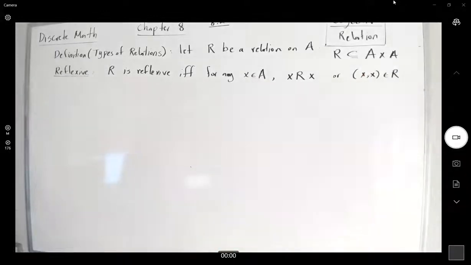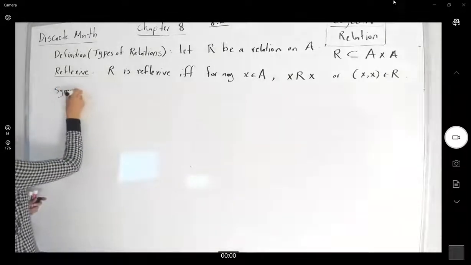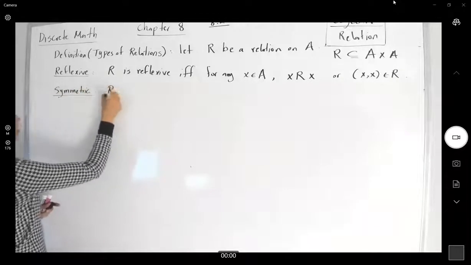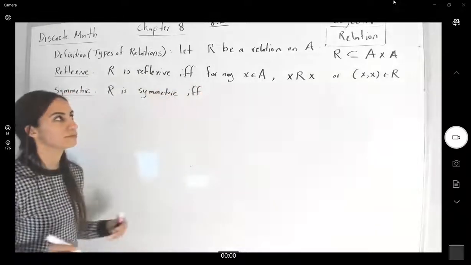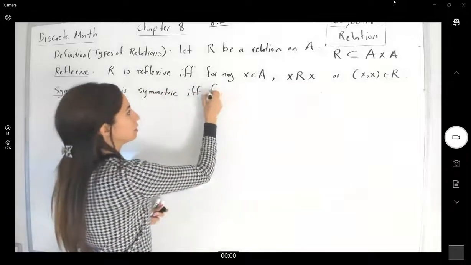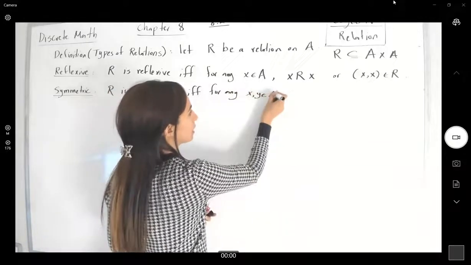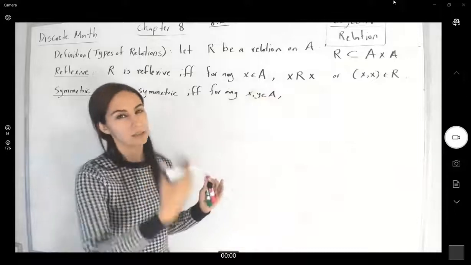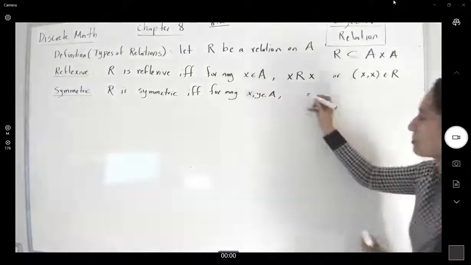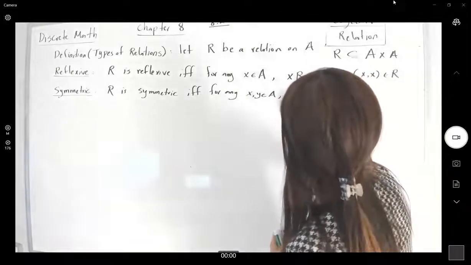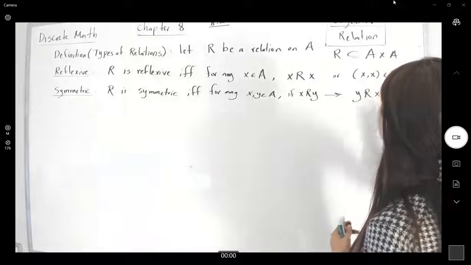We say that R is symmetric. R is symmetric if and only if for any x and y in A, if x is in relation with y, then you can conclude that y is also in relation with x.